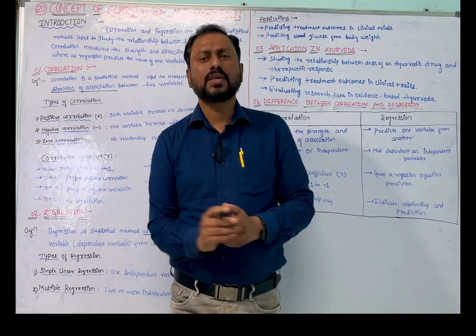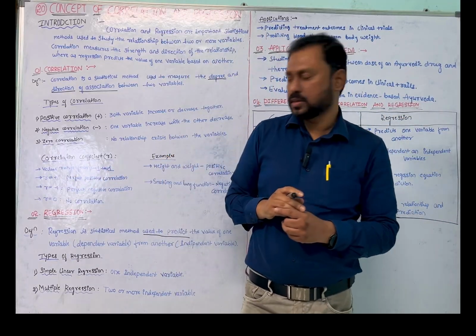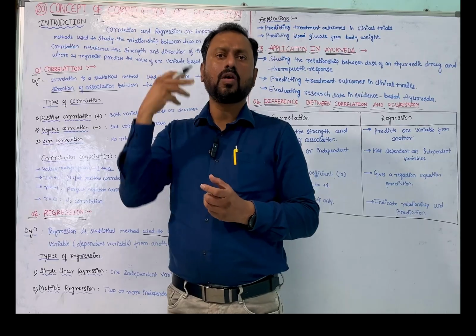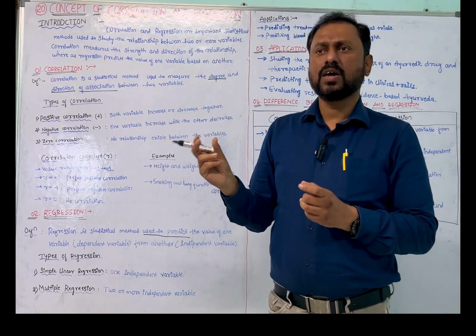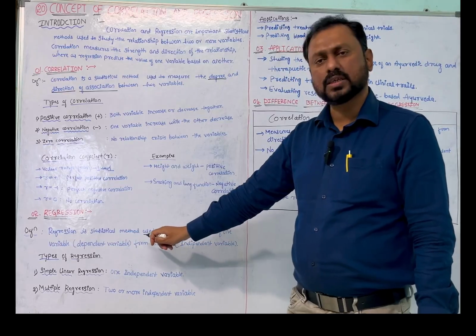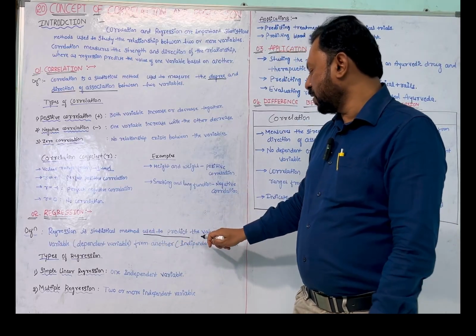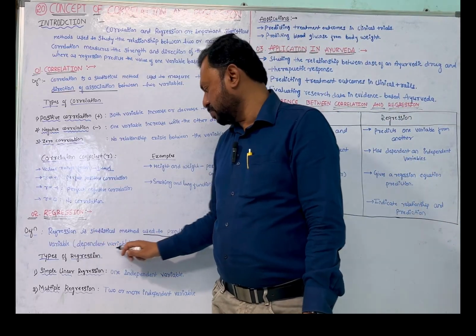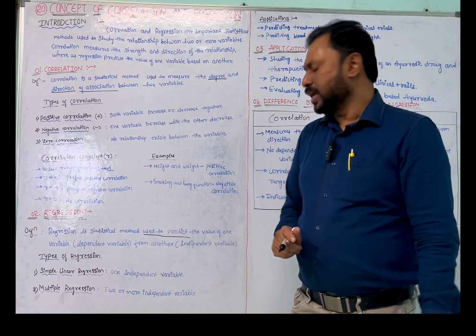The next topic is regression. Just now I told you, it is prediction or assuming. If we consider one variable, we predict the other one. Regression is a statistical method used to predict the value of one variable, the dependent variable, from the independent variable.